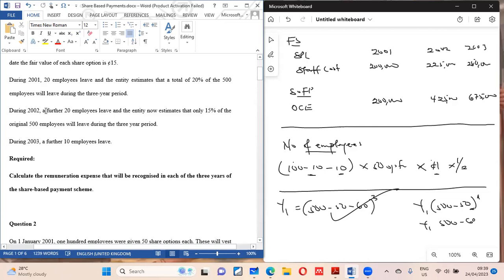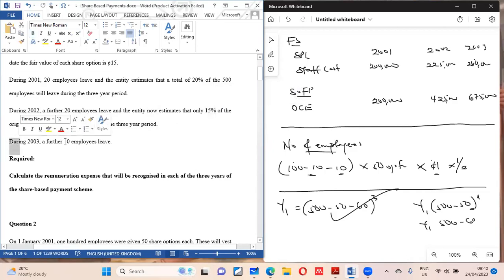And you came here and said that a further 20% leave, and the entity now estimates that only 15% of the original 500 will leave during when? The 3 years, for the whole vesting period, sir. Yes. So here you only applied 15%, meaning that 85% will be there to vest.